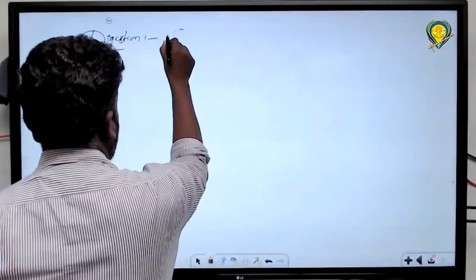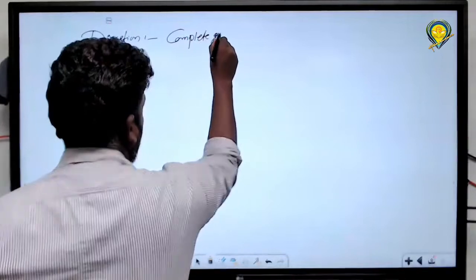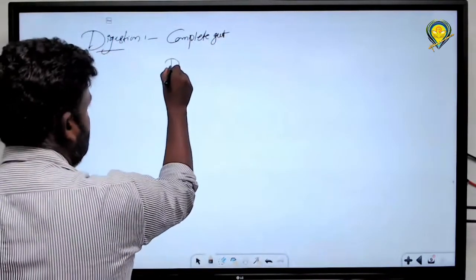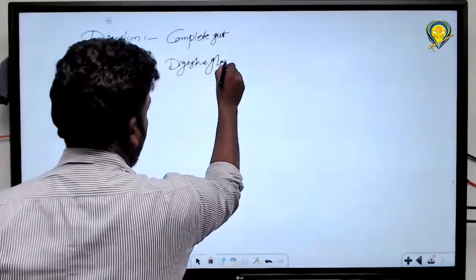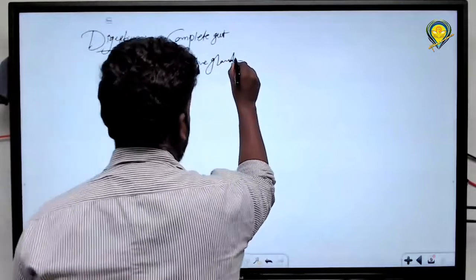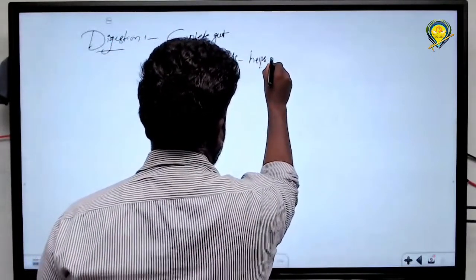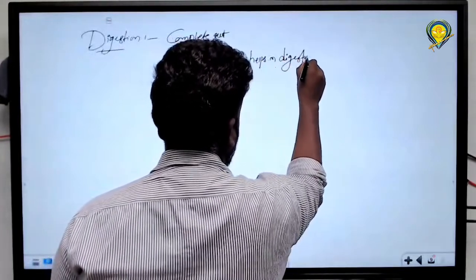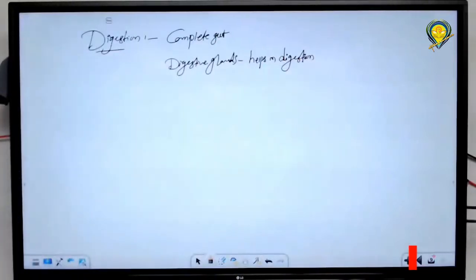Digestion. The digestive system. It's about a complete gut with both mouth and anus. So digestive glands are there, which help in digestion. Very good.